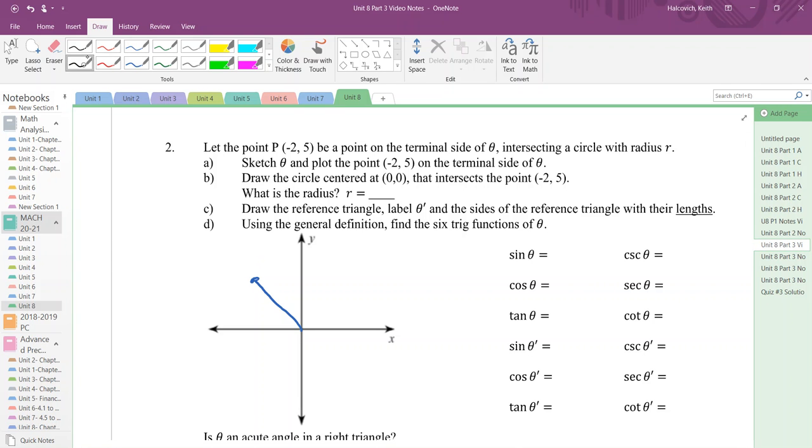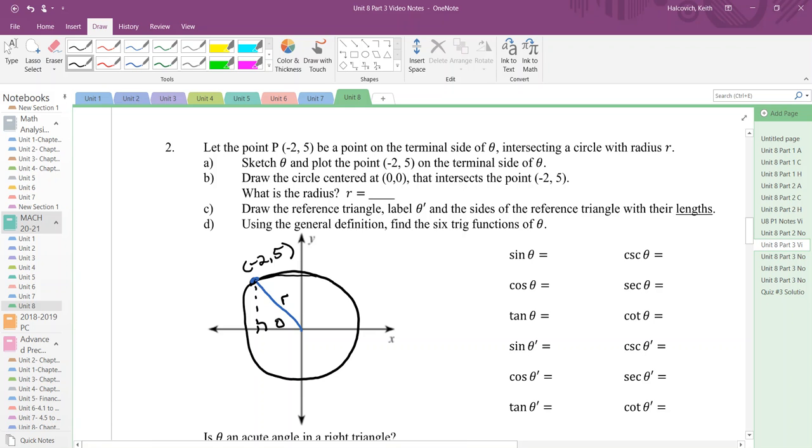We'll make a circle here. Our point here is negative 2, 5. Here's our radius. And here's our reference triangle. Theta prime is here. Here's theta, the actual angle. And it says, what is the radius?